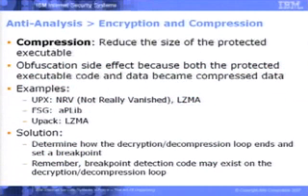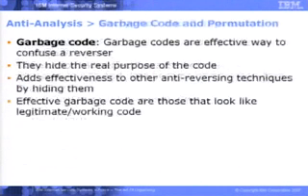Compression just reduces the size of the executable. It has a simple obfuscation side effect because the code is compressed and some data is also compressed. Garbage code is an effective way to slow down a reverser.